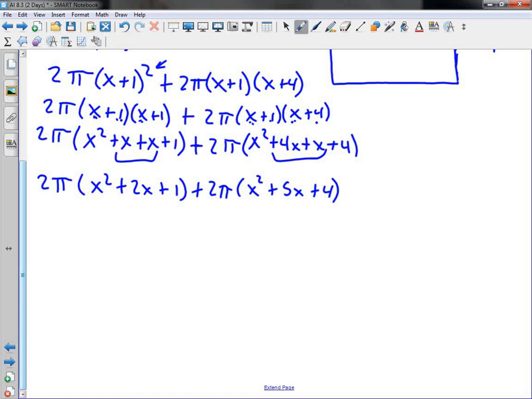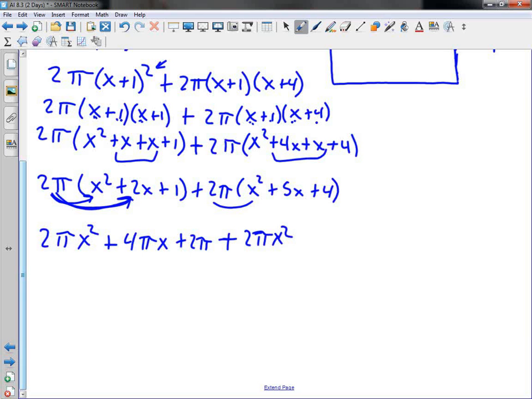Now we should distribute that 2 pi through. So I'm going to distribute 2 pi through to each piece, 2 different times. So I have 2 pi x squared. 2 pi times 2x is 4 pi x. And 2 pi times 1 is just 2 pi. 2 pi times x squared is 2 pi x squared. 2 pi times 5x is 10 pi x.